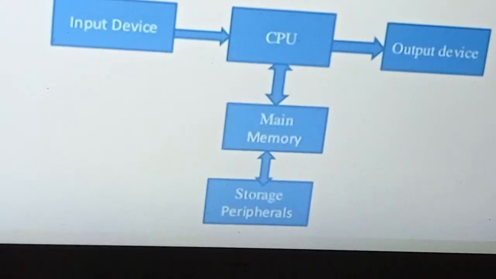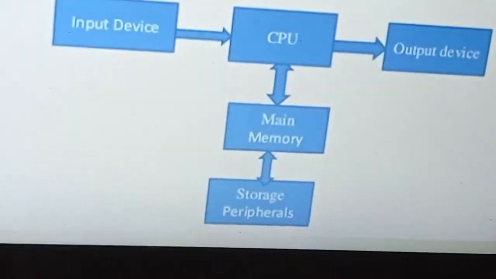Right? What are the input devices? Keyboard.